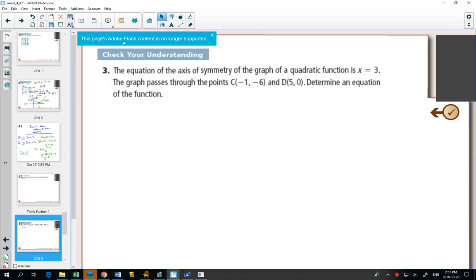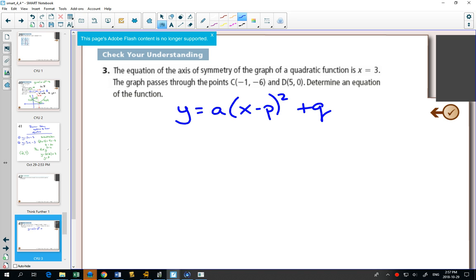So first of all, we know that quadratic functions look like this. This is the standard form of the quadratic function. We have to put numbers in for a, for p, and for q so that all of these things work.